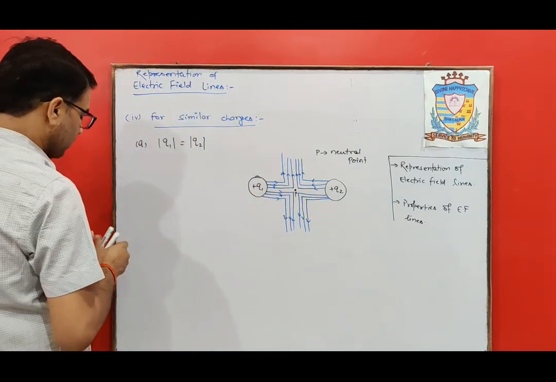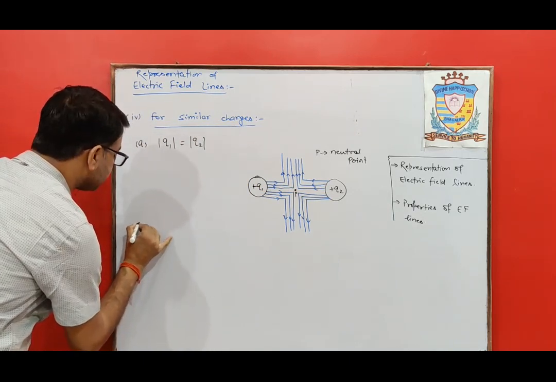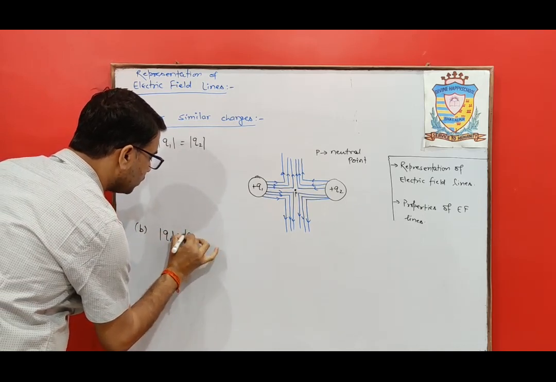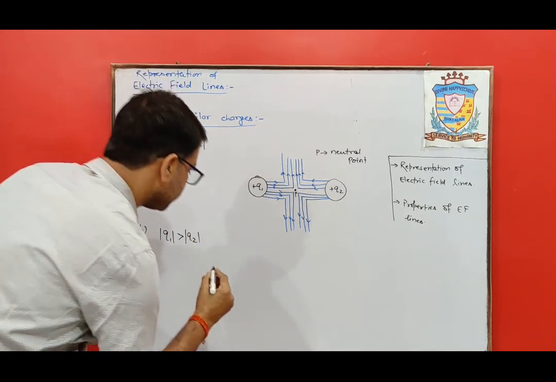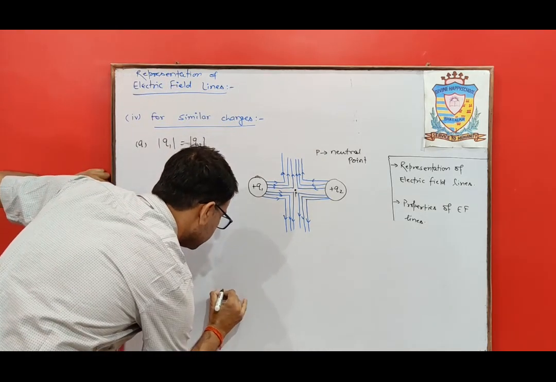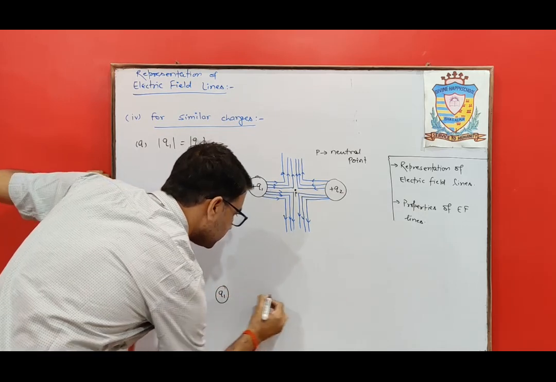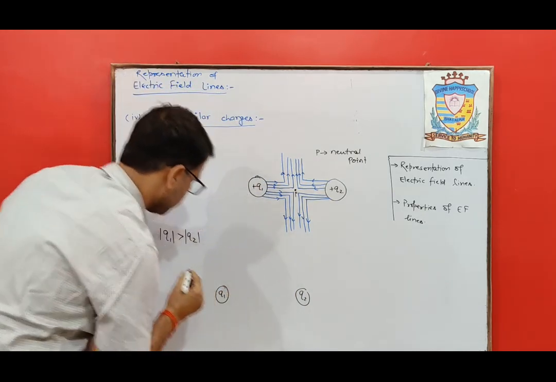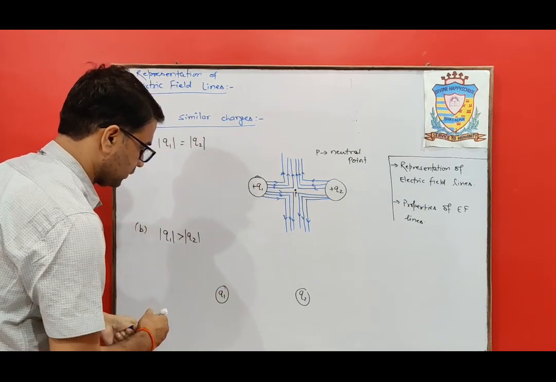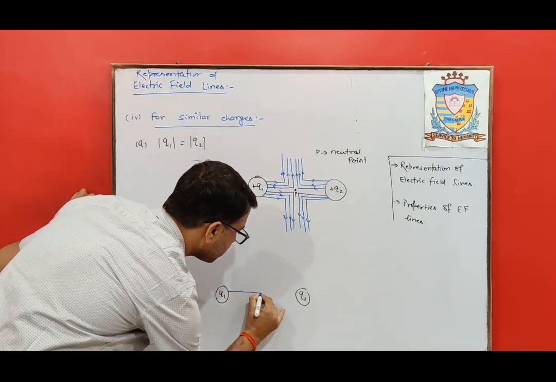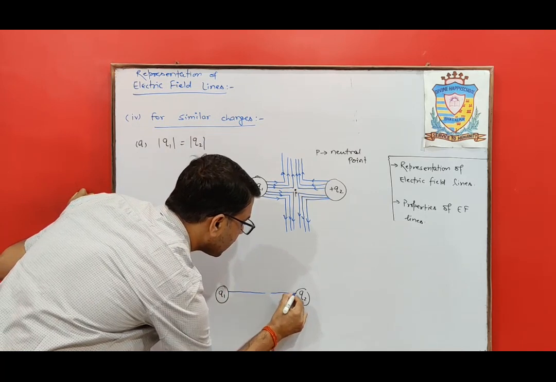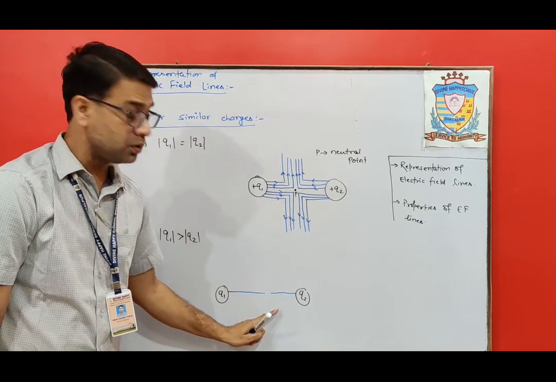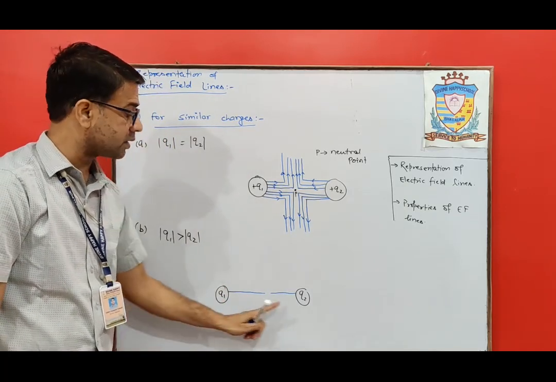Next is case 2, or case B. If the magnitude of Q1 is greater than the magnitude of Q2, in that case here you can see this distance is greater than this distance because the magnitude of Q1 is more as compared to Q2.